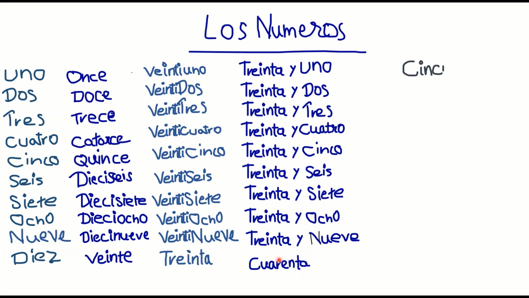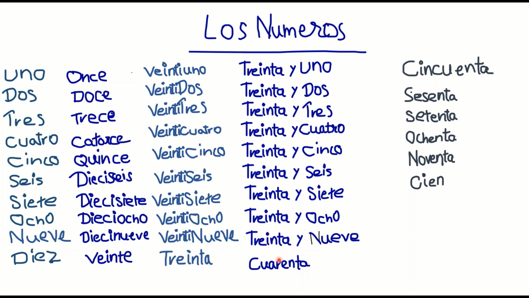That's 50. Similarly, we'll again follow the same rule from 50, then 60, 70, 80, 90. Again for 90, it will be the same: 91, 92, 93, 94, 95, 96, 97, 98, 99, and then 100. So pretty simple.